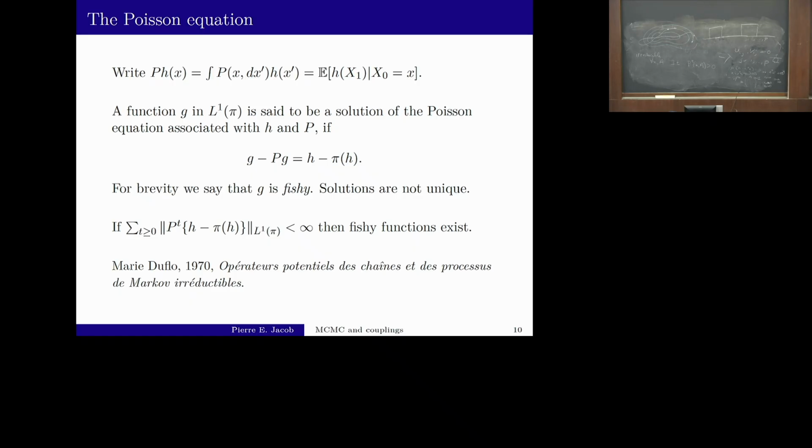So why would it go to 0? This is the target expectation, and this is the conditional expectation when you do t steps of MCMC, starting from a specific x. But if t is large, it doesn't matter anymore where you started t steps before. And so the conditional expectation will get closer to the target expectation. So the difference would go to 0 if all goes well.